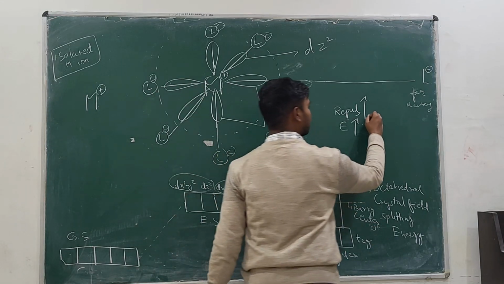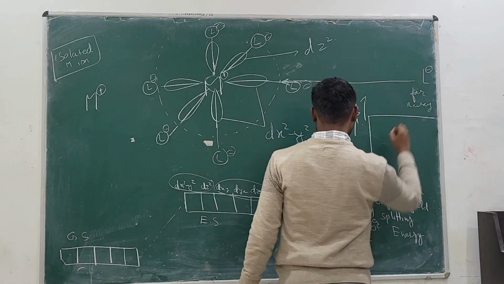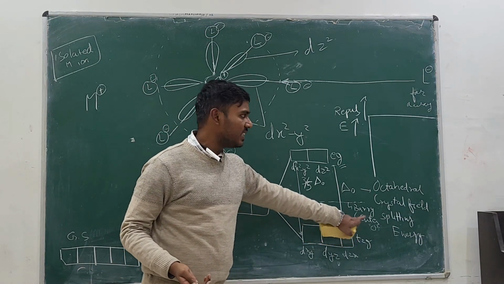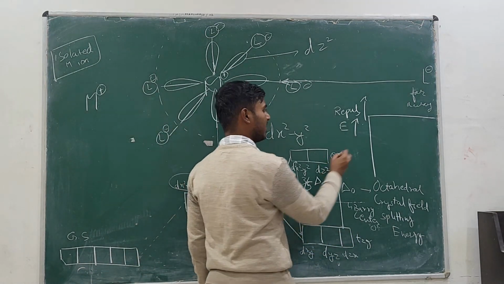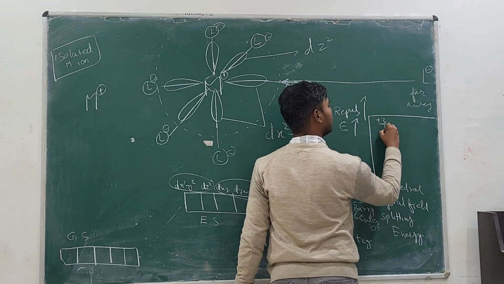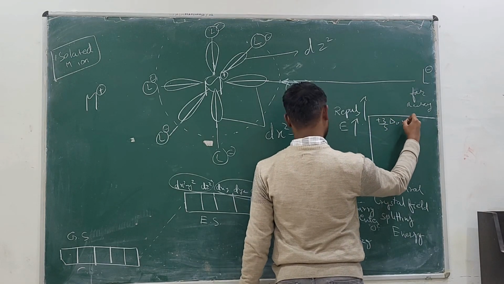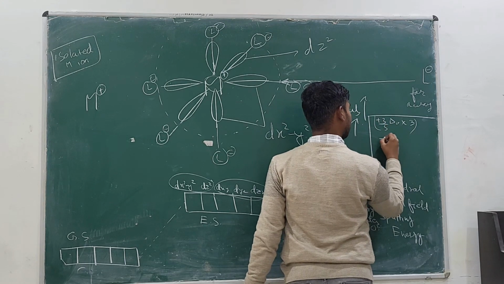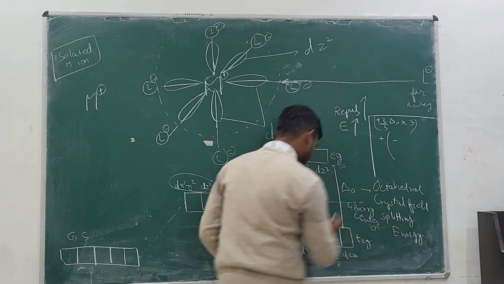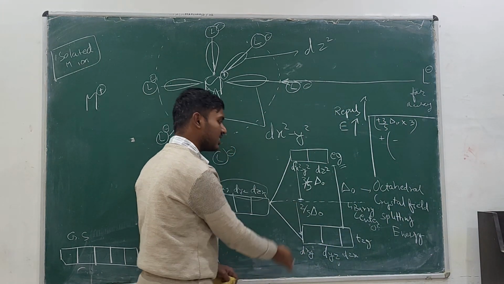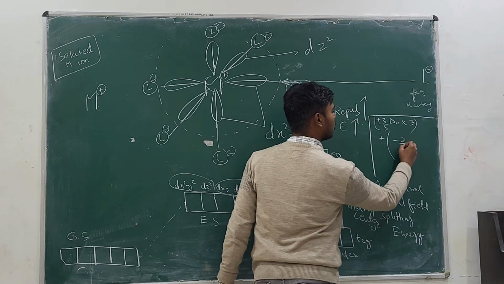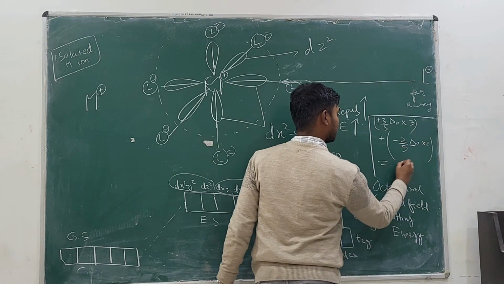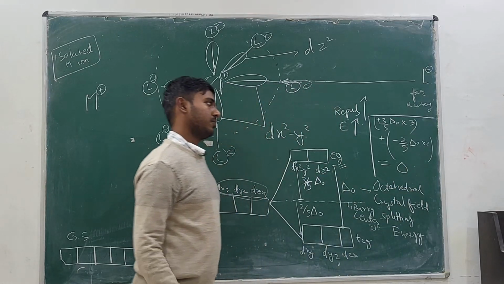Let me show this to you. If we consider the energy of the barycenter as 0, then this one is plus 3 by 5 delta naught into 3, that is 3 orbitals, plus this negative energy, which is minus 2 by 5 delta naught into 2. This comes to 0.